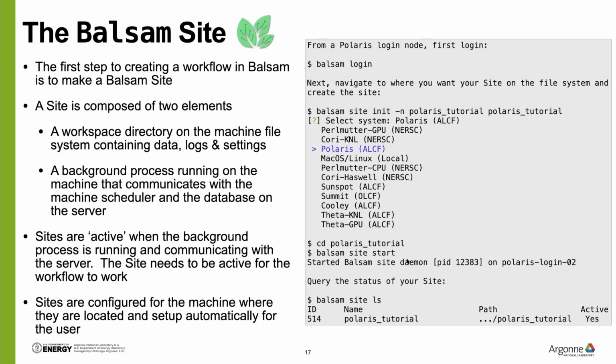Then you will have to go to the site directory, so cd to that. Running this will create a directory on the file system called polaris-tutorial. You'll go there, and then you have to run balsam site start. That will activate this background process. And you can query whether that site process is active by typing balsam site ls. If it is active, it should show you some output like this, that it's active.